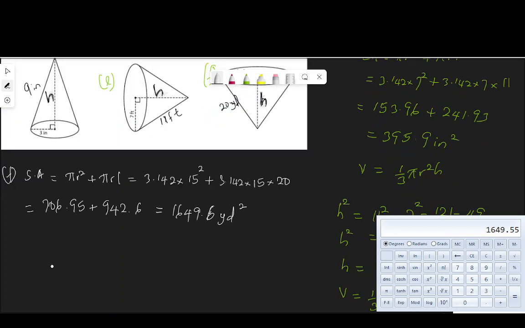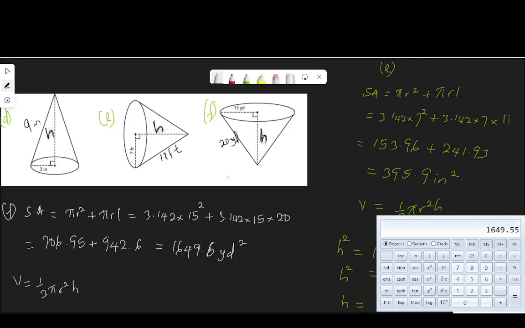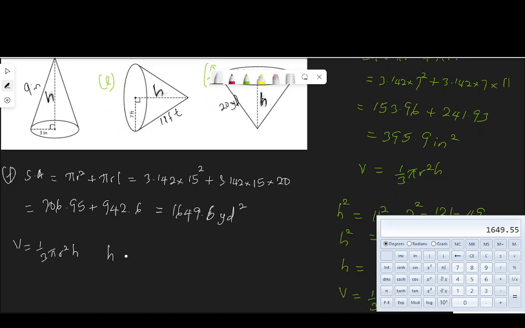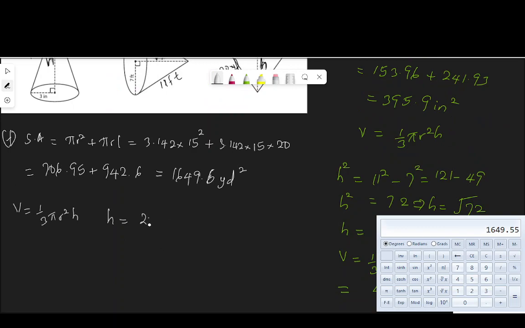Now, the volume V is 1/3 pi r squared h. But we don't know h. Using Pythagoras, h squared is equal to 20 squared minus 15 squared, which is 400 minus 225, which is 175.